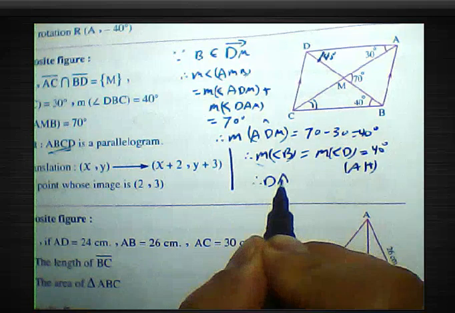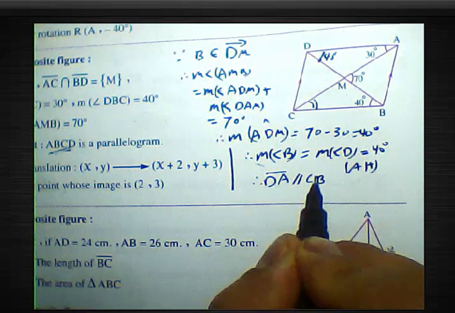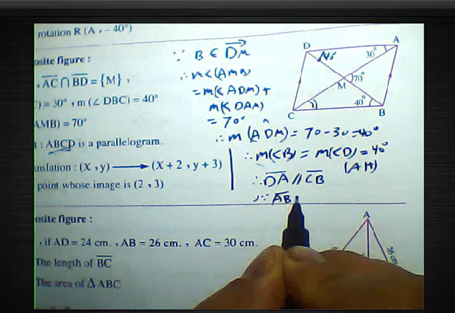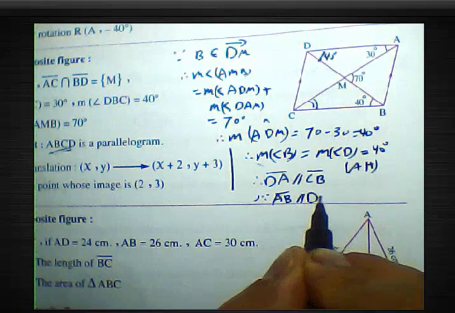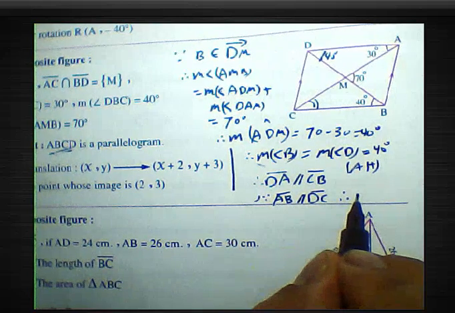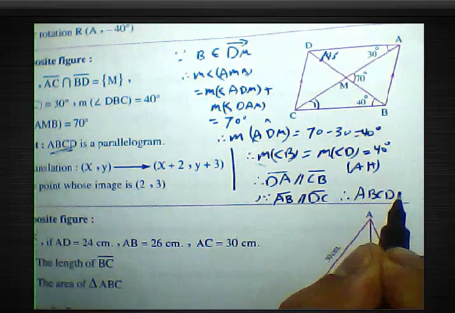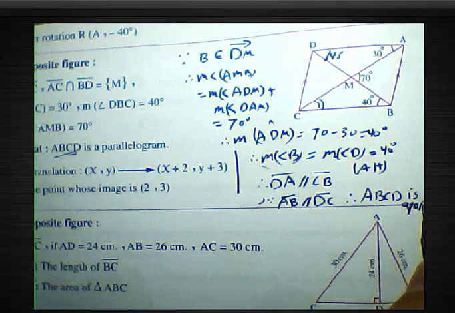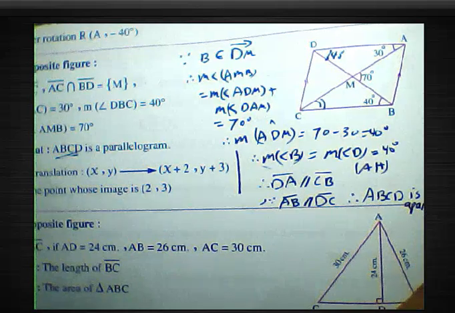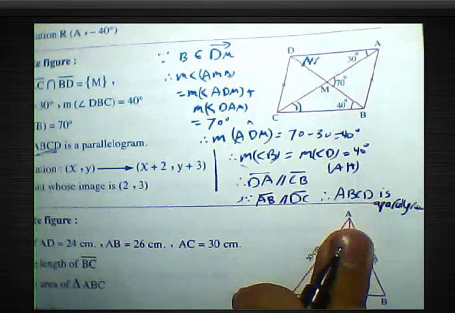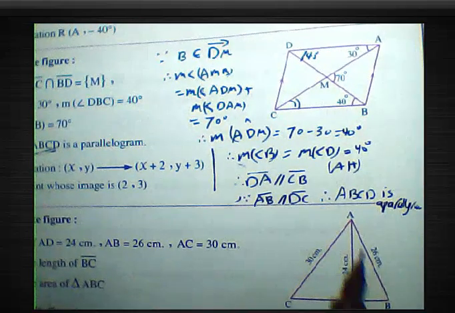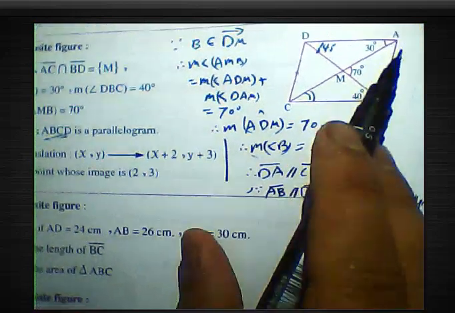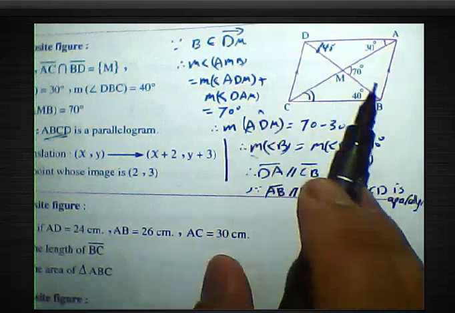Then DA will be parallel to CB, and since AP is parallel to DC, ABCD is a parallelogram. Okay, ABCD is a parallelogram because we have two pairs of opposite sides parallel: AP parallel to DC and AD parallel to BC.